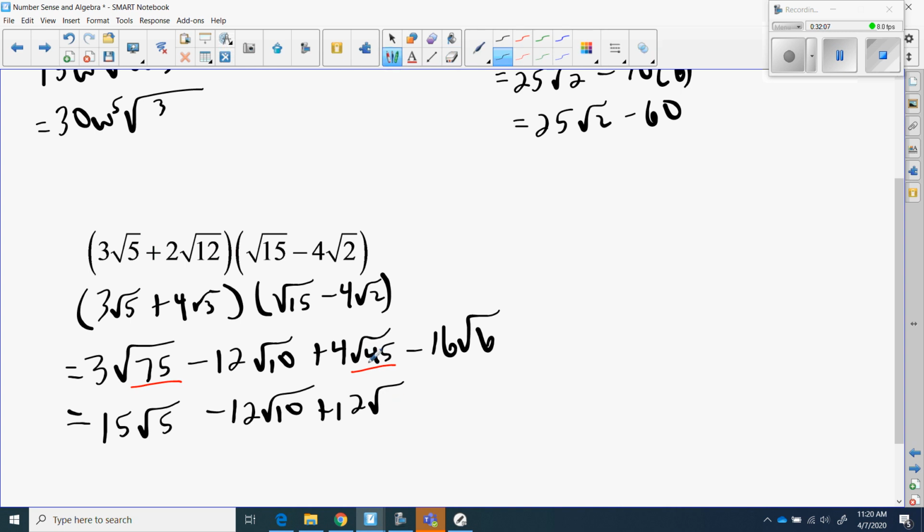So we said it's 9 times 5. Square root of 9 is 3 times the 4 is 12, and that leaves us with a 5 underneath here. Minus 16 radical 6. Well, there's 2 like radicals, these two, so let's group those together. 15 plus 12 is 27 radical 5s. These two are not like radicals, so we just leave those separated.